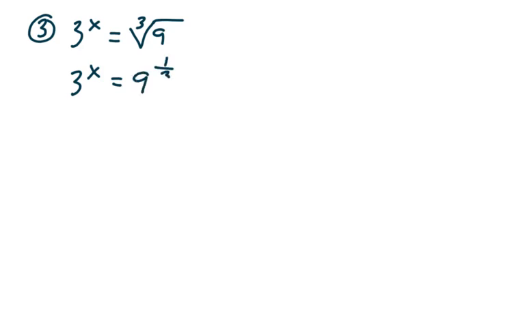Let's take a look at number 3. 3 to the x is equal to the cube root of 9. So 3 to the x is equal to 9 raised to the 1/3 power. And again, I'm going to rewrite both sides so that they have the same base. 9 equals 3 squared.